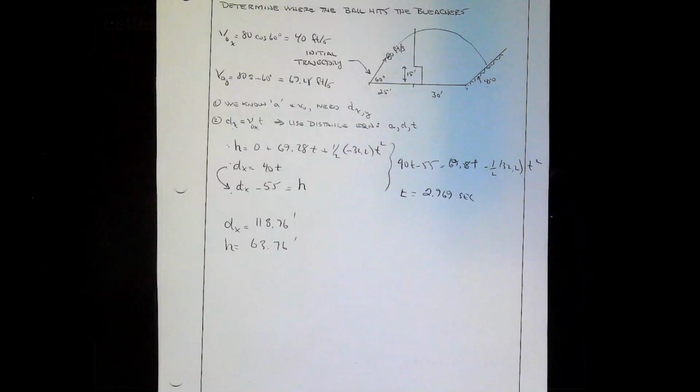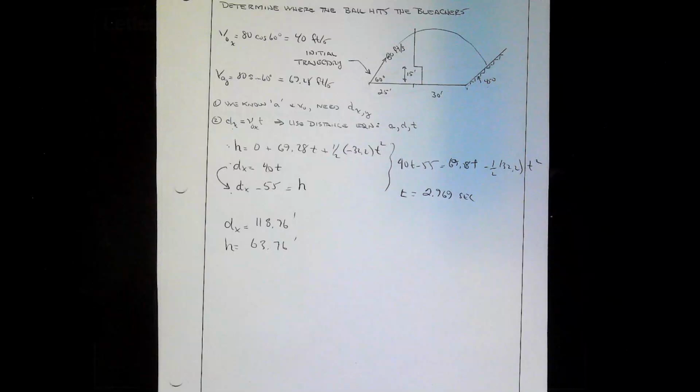All right, V0y would be 80 sine of 60, and that works out to 69.28 feet per second. Okay, so we broke this up because we're going to have constant acceleration in the y and no acceleration, which is constant, in the x.